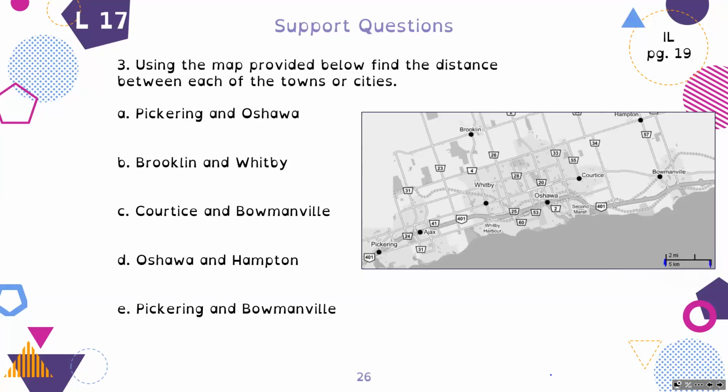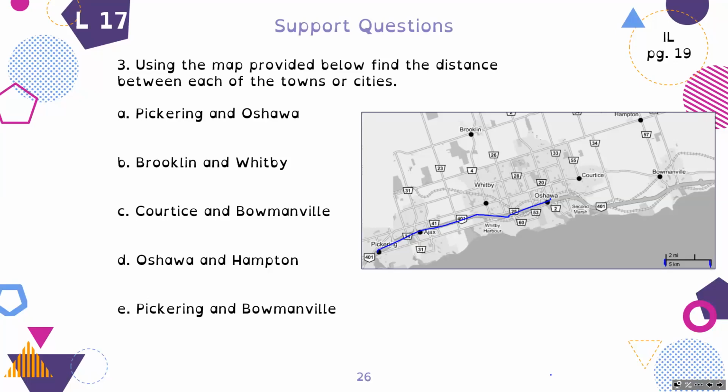So you need to measure that. And then you go through and you measure the distances. So from Pickering to Oshawa, it is fairly straight on the 401, but you can measure this distance and then this distance and this distance and this distance. I don't have a ruler that I can show you, so I'm not going to be able to show you, but you measure each of those distances and then you set up your ratios, and then you continue the same with all of the other ones.